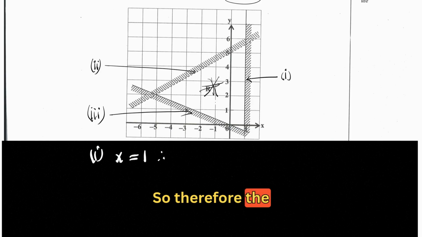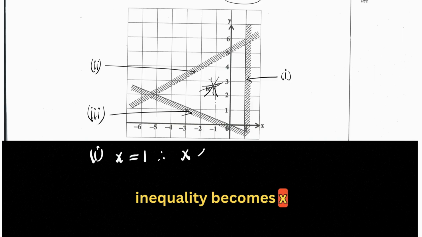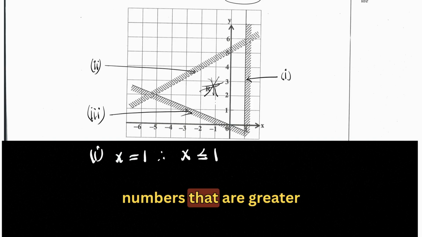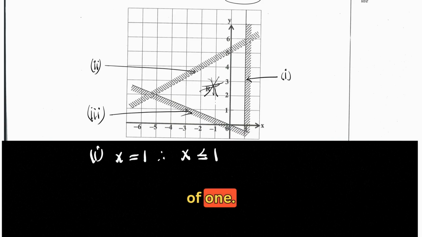So therefore, the inequality becomes x is less than or equal to 1. This cannot be greater than, because the numbers that are greater than 1 are on the right side of 1. So we are done.